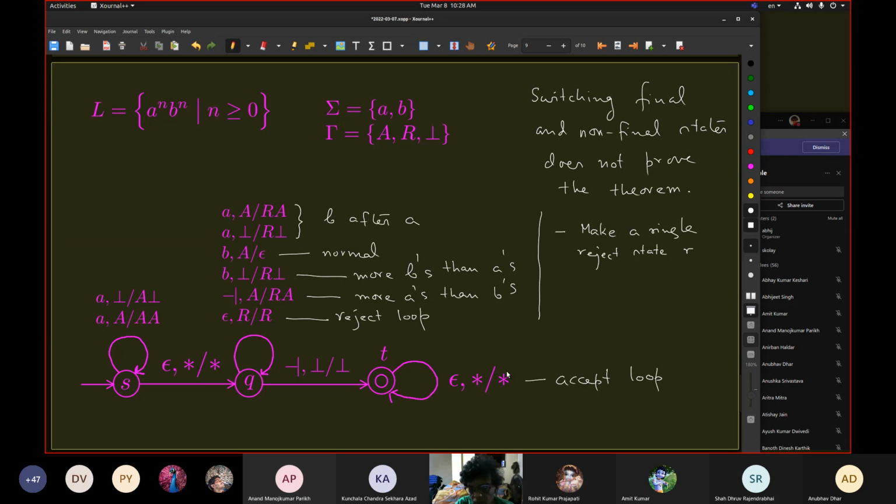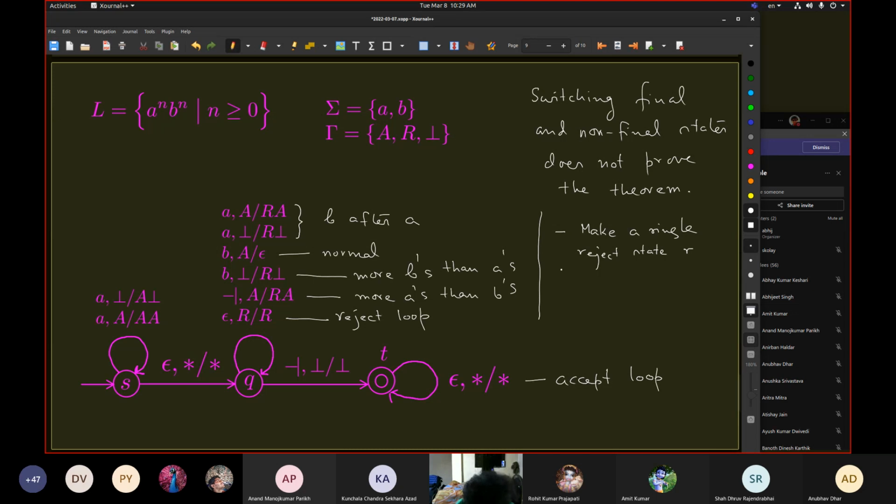So I'll make a single reject state. Whenever there is a situation I want to reject, I will somehow read the remaining part of the input and go to the state R and enter this epsilon star by star loop. Okay. So this is one thing. And then if I just switch this T with R, make T reject and R accept, this machine accepts exactly the complement of this language.